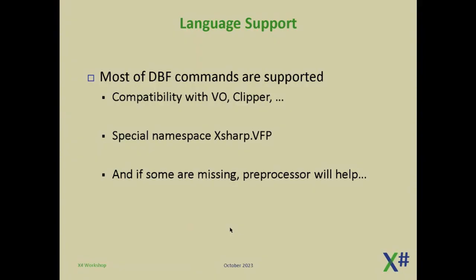It's not just recognizing single words, but it can also recognize an expression that starts with a paren and closes with a paren, and everything in between will be seen as one logical unit, depending on the wildcard tokens that are used in the preprocessor. We have implemented most of the FoxPro support at the command level by using the preprocessor. It also means that it's relatively easy to adjust it when we find something that's not working.